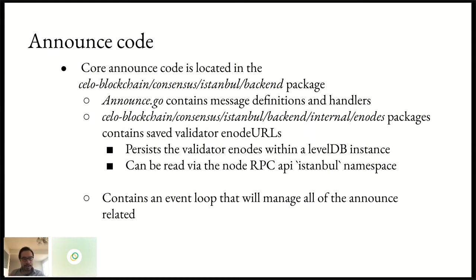When that happens, all the validators have to figure out this new validator's IP address, and this Go routine drives that process. The reason I wanted to bring this up is that this is a very common design pattern in much of the code we implemented, as well as much of the original Geth code: having a separate Go routine event loop that manages events for a specific component.